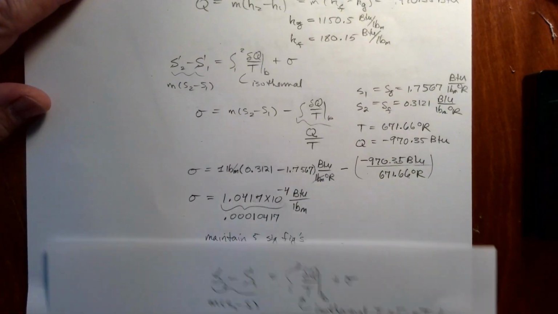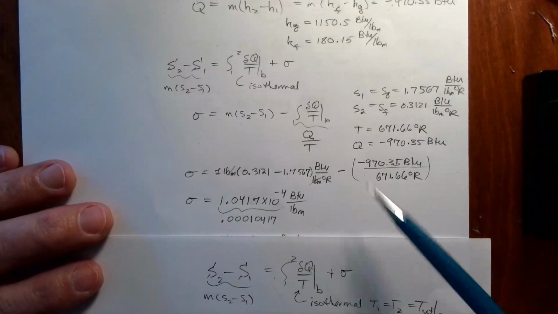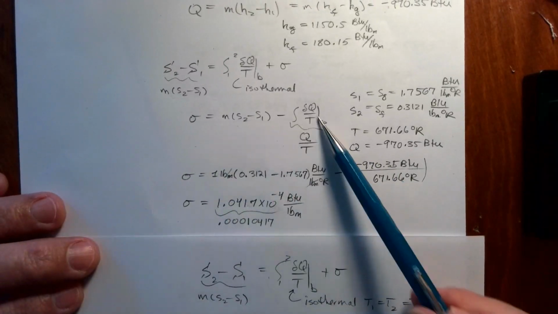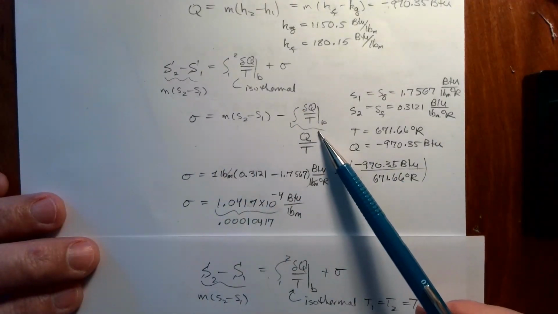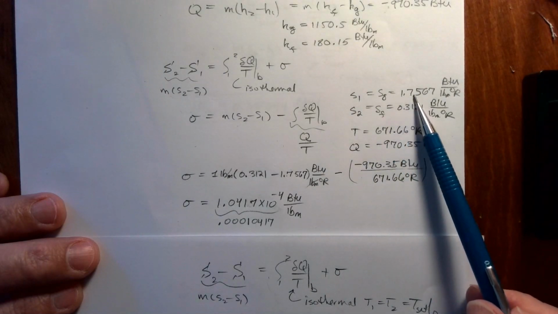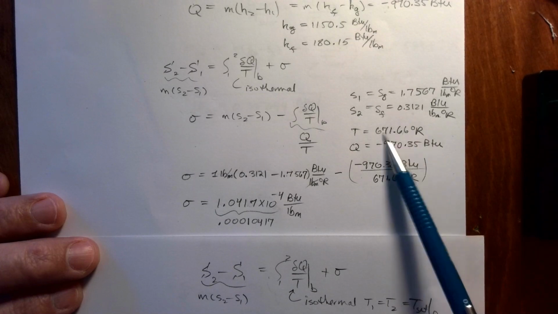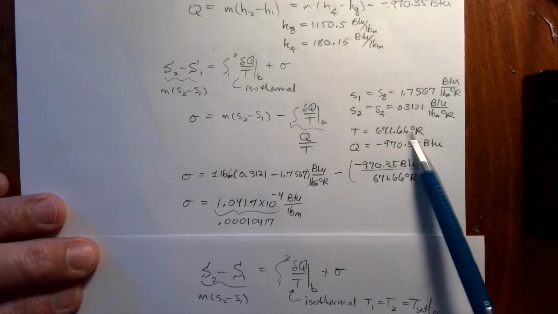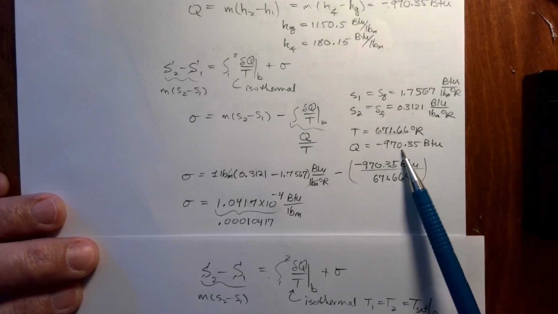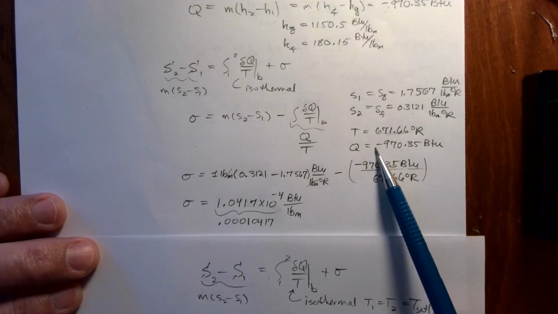So now let's look at the results. There's the expression for sigma. S1 is Sg, S2 is Sf, the saturated liquid value. There's my temperature, isothermal, and there's the heat transfer. So that's a negative Q, right?